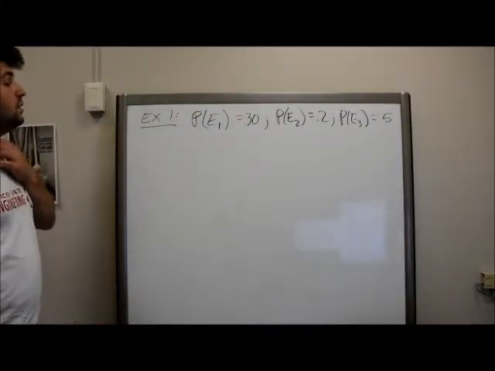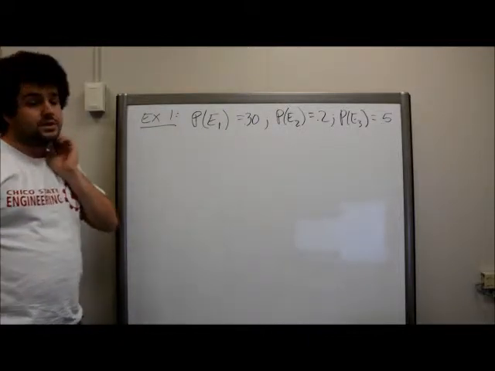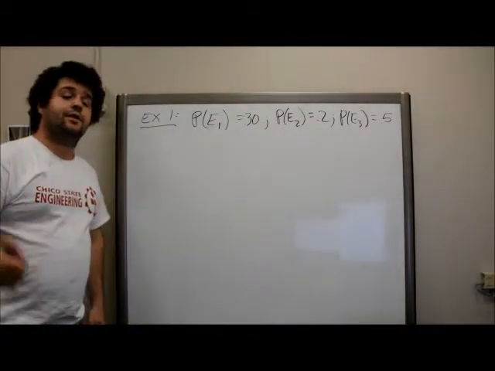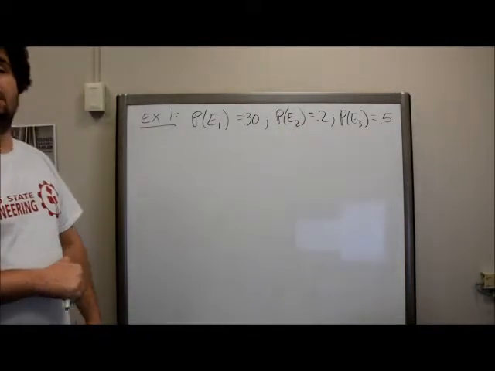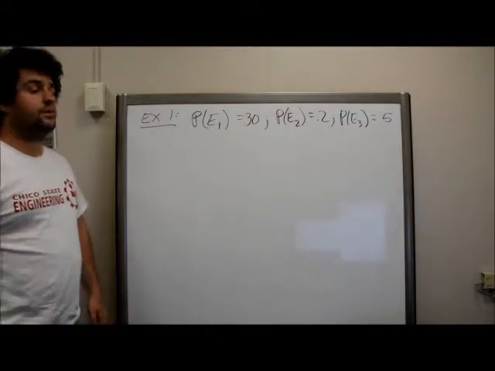So now we have probabilities given for us, stating that if there was an error, we would know that it was done by engineer 1, engineer 2, or engineer 3.